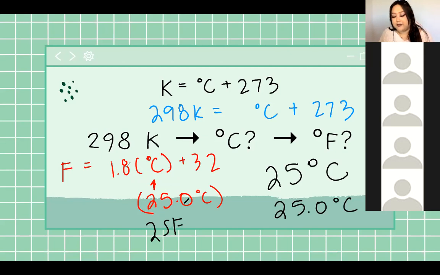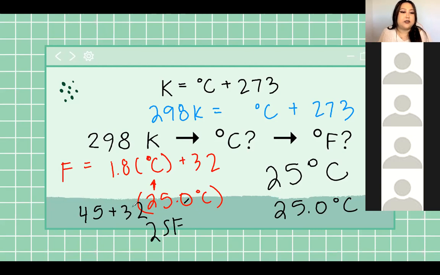And then 25 times 1.8 is 45, and that would still have the same 2 sig figs. So plus 32, the rule for addition and subtraction would be to use the least amount of sig figs.